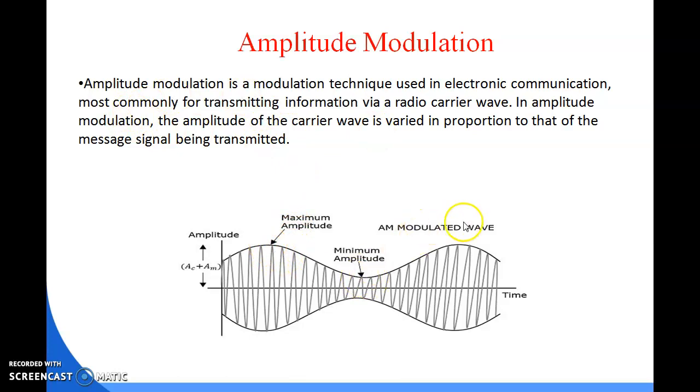It is the amplitude modulated form, and this is the carrier. Your amplitude will vary according to the original signal, with no effect on the frequency and phase of the carrier signal.